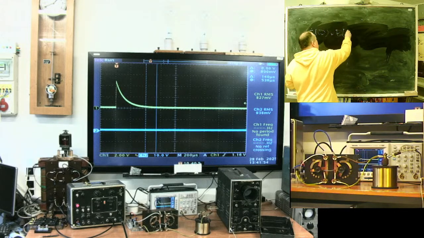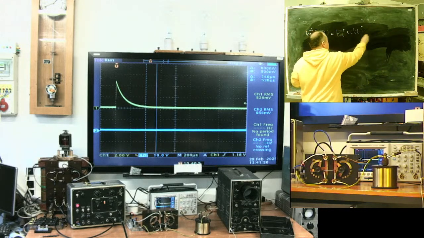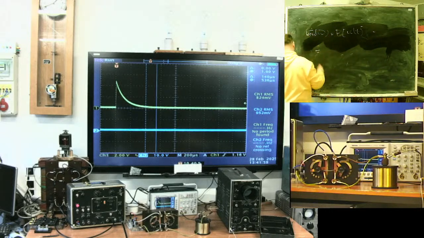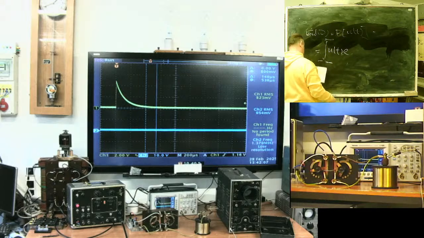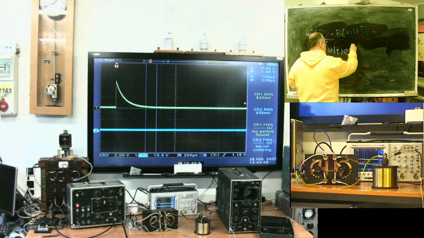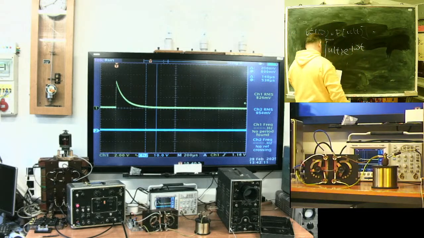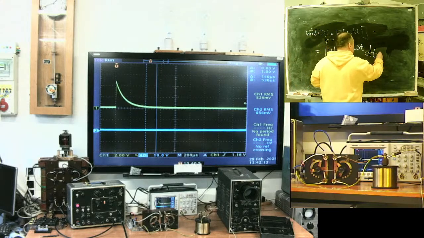My pulse's transform will be: I need to integrate from minus infinity to infinity, e to the power minus j omega t, dt.